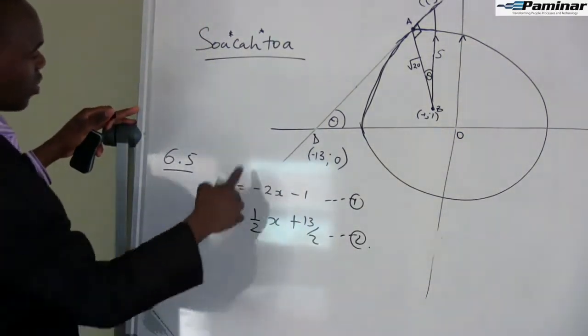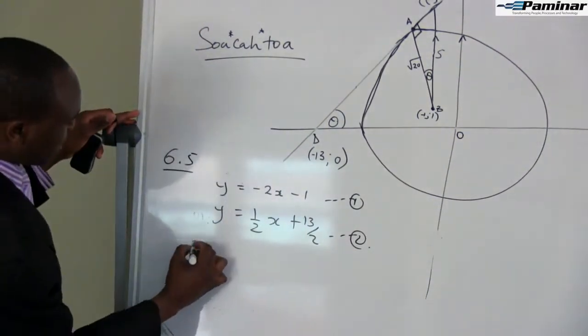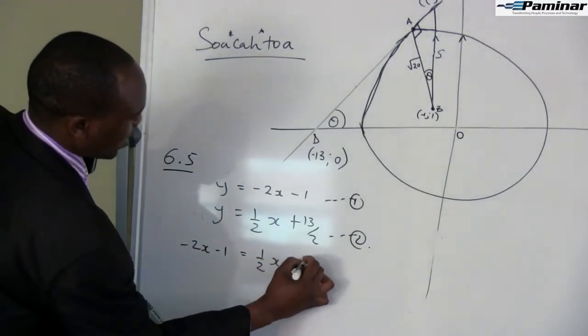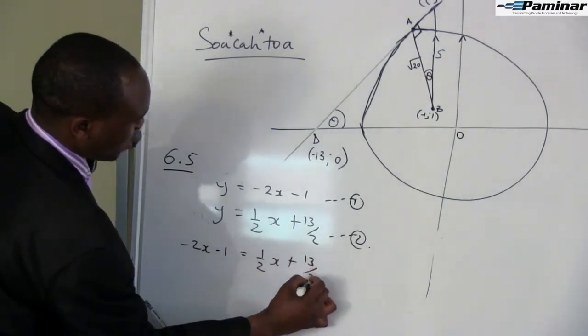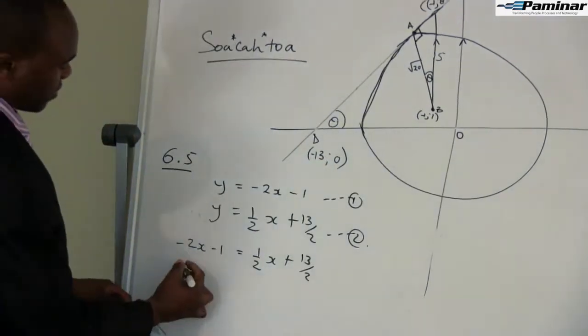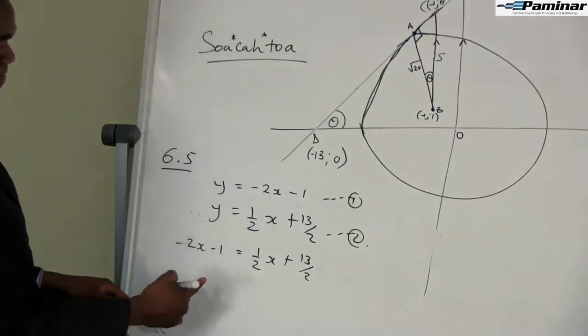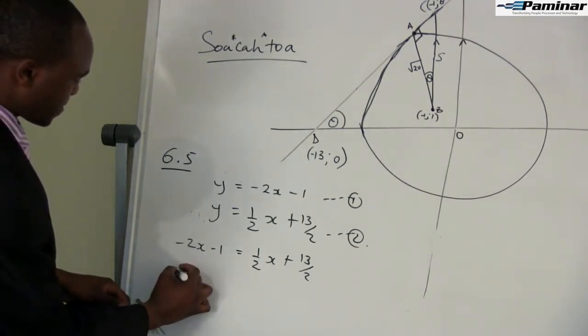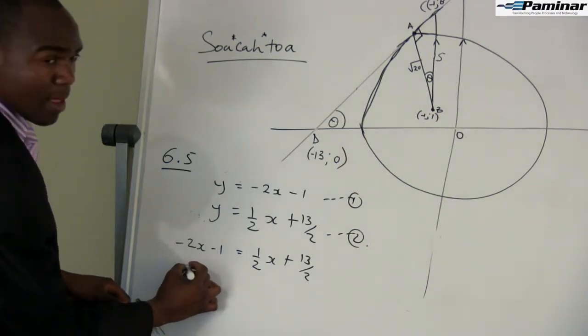Then we solve this simultaneously. So now we can just equate these two y's. So it's minus 3x minus 1 is equal to half x plus 13/2. We check the x's there. What are we going to get? X on this other side will be minus 5/2, eh?